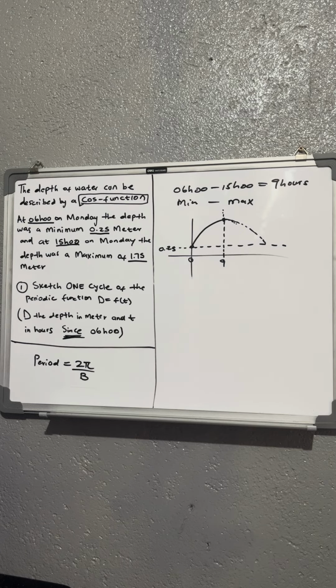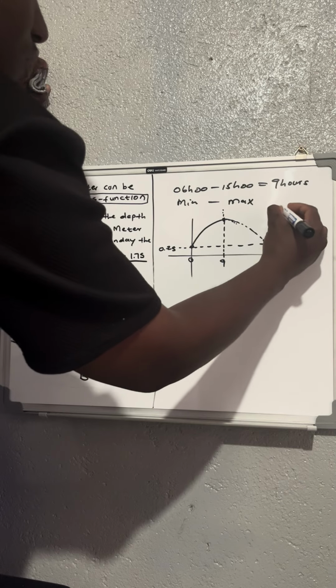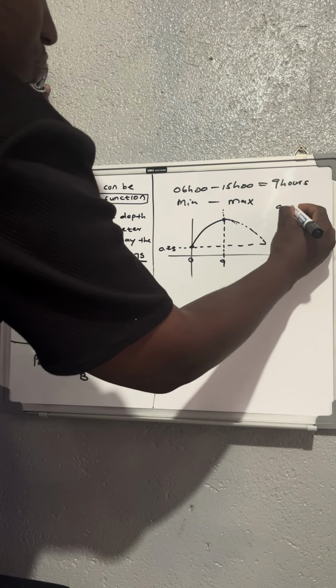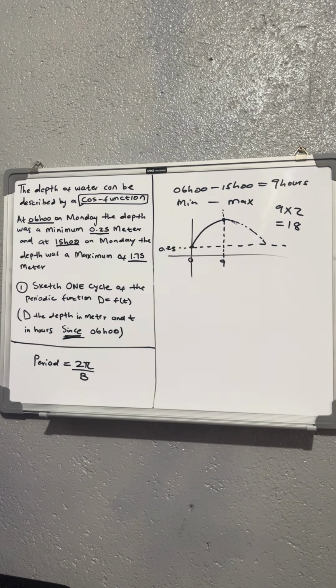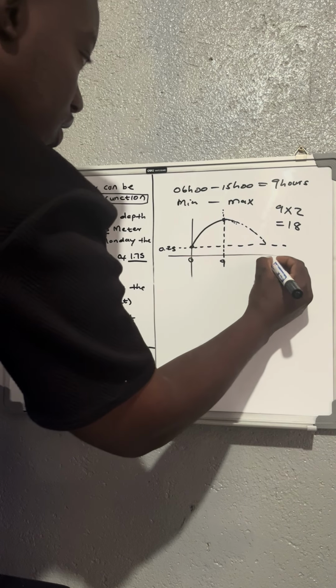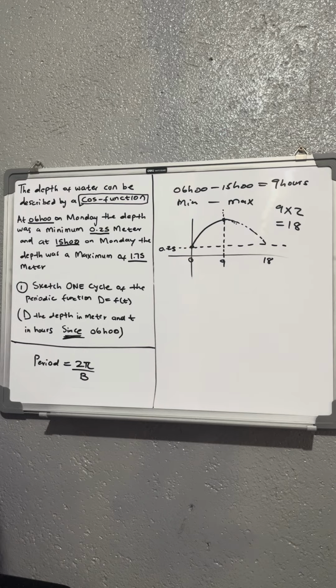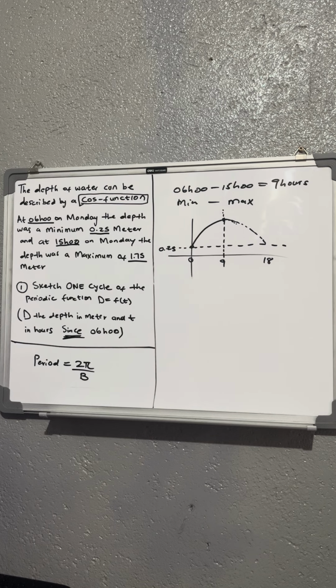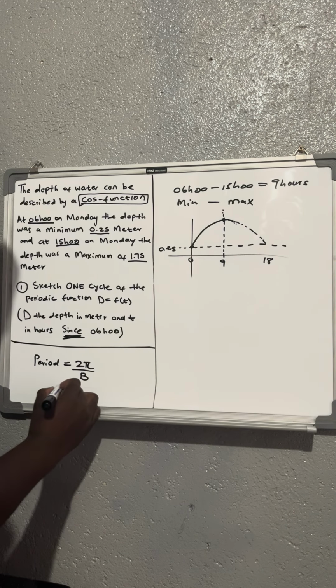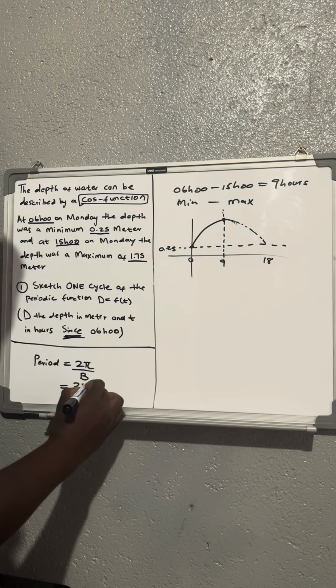So that's where you're going to say your full circle is going to be 9 multiplied by 2, which is going to be 18. So that's how you're going to get your 18. Then with this one, you can finish by saying you have your 2 pi over 18.